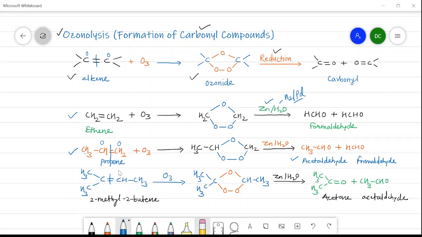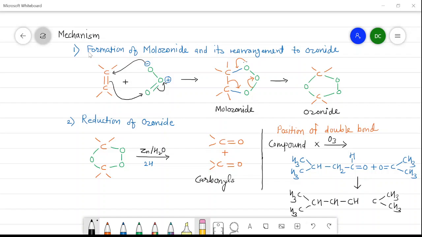Now see the mechanism of ozonolysis. There is a formation of molozonide and its rearrangement to the ozonide. Alkene reacts with the ozone molecule. Ozone has the formula O3, with O minus here and O plus. There is a 1,3 cycloaddition reaction, that is, it will attack on this carbon and on this oxygen, and we get a molozonide.